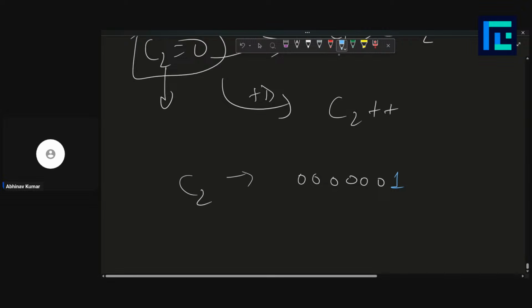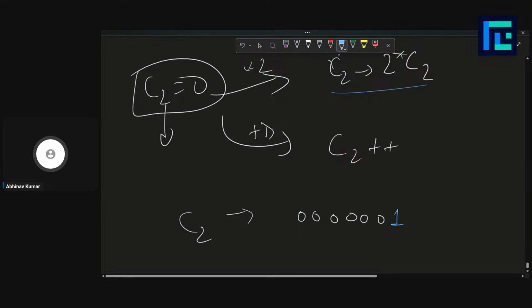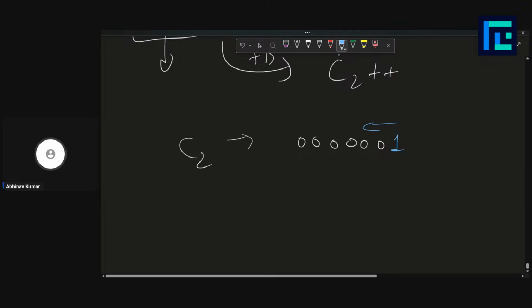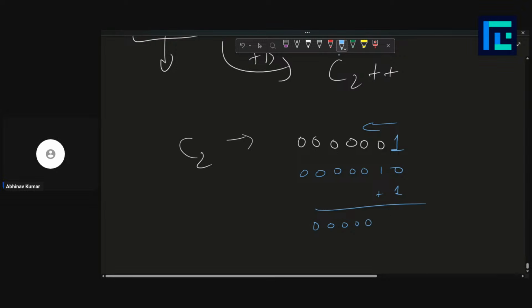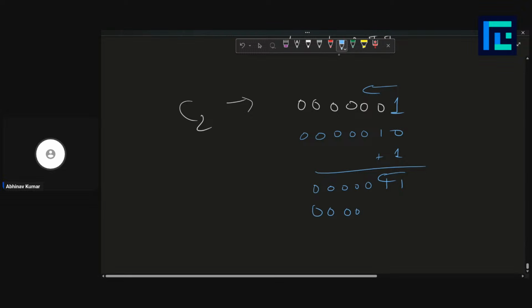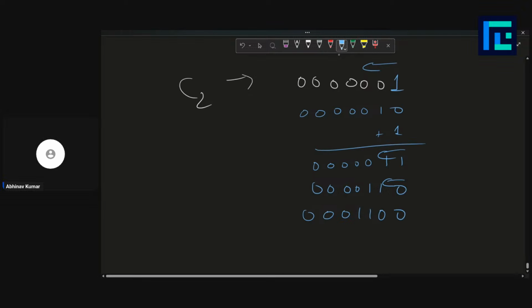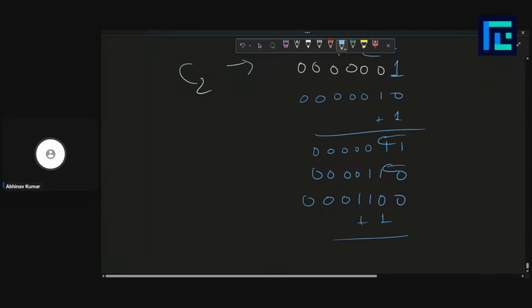Then if you do the first type of operation, you shift it, and this value would become 1 0. Then if you add 1, this value would become 1 1. Then if you shift it left, this value changes. Then again if you shift it left, and again if you add 1, the value changes again.